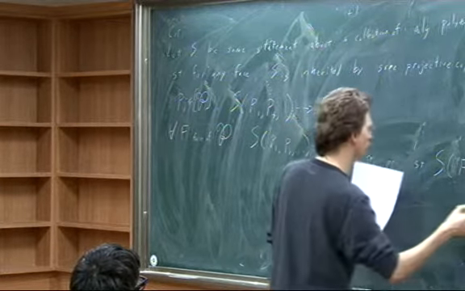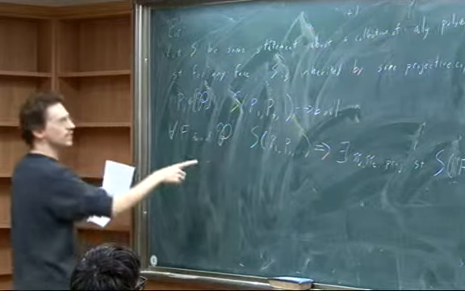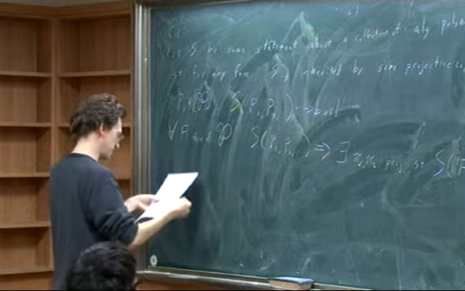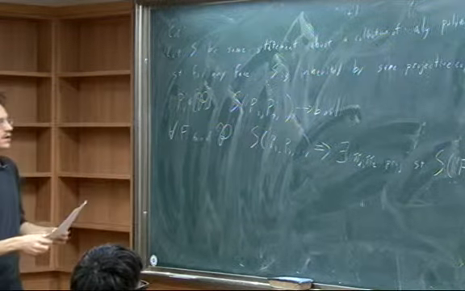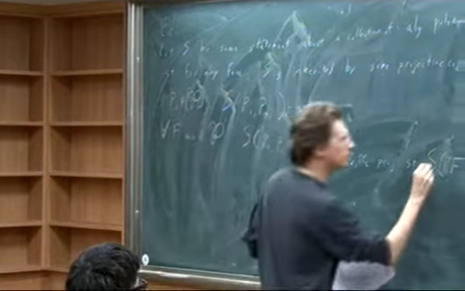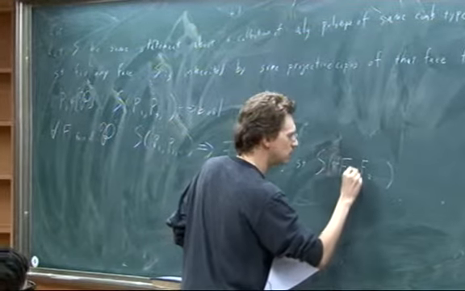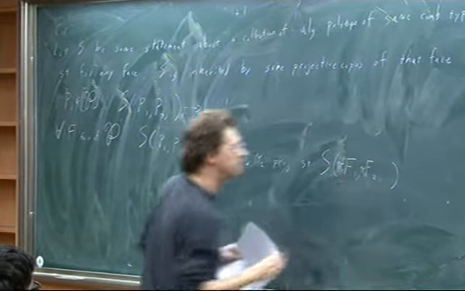This is the kind of property that I want. So it should be pi i and that i. Oh yes, right. Yeah, sorry.